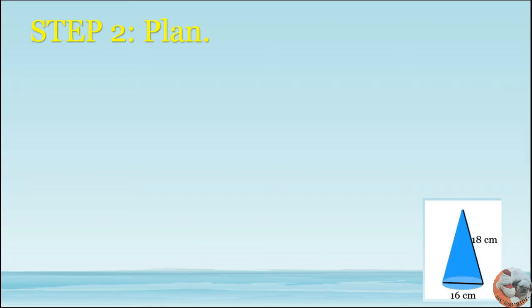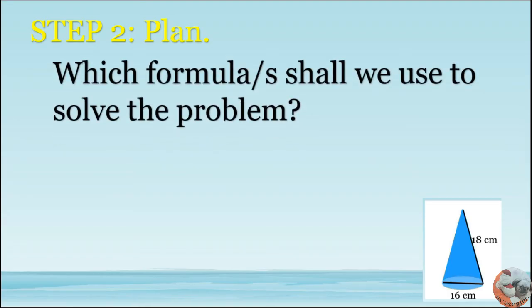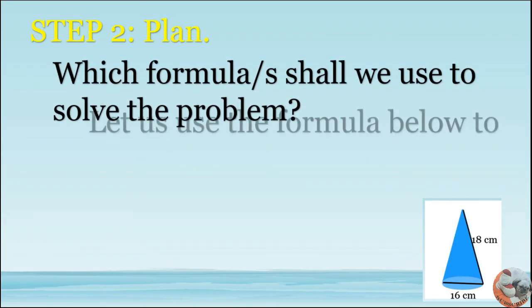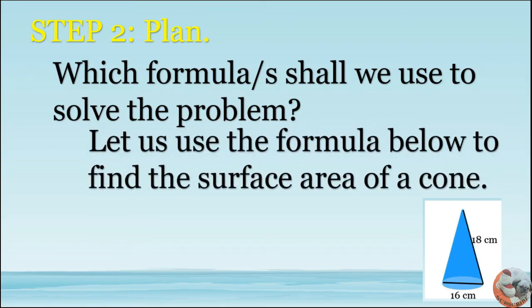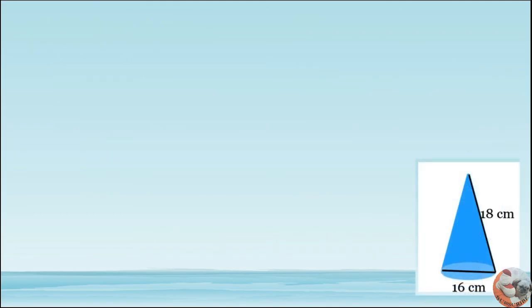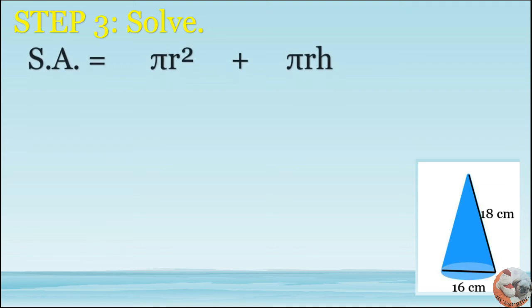Step 2. Plan. Which formula shall we use to solve the problem? Let us use the formula below to find the surface area of a cone. SA is equal to pi r squared plus pi rh. Step 3. Solve.